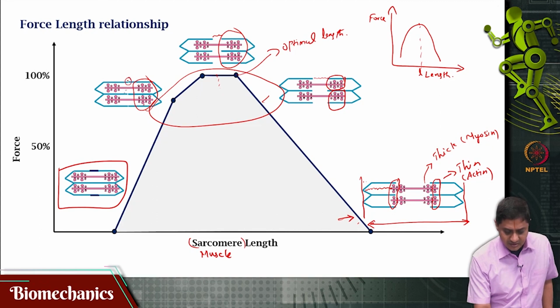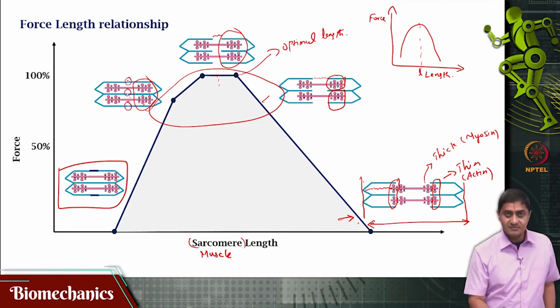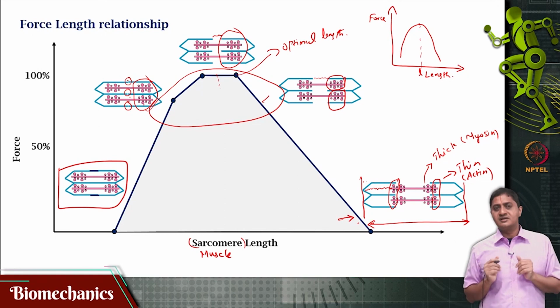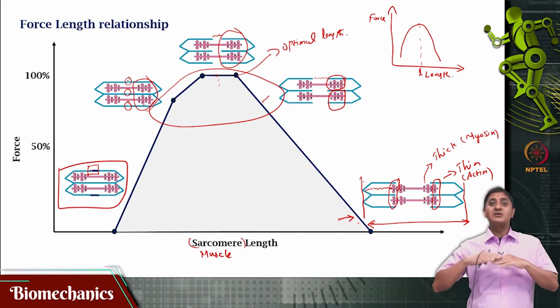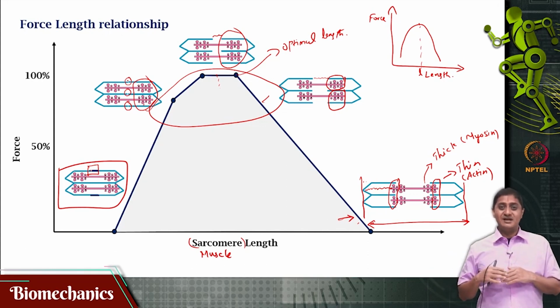At this point, the 2 actin filaments suspended on the 2 Z discs are almost touching each other. Actin filaments are overlapping with each other, so a large number of cross bridges cannot be formed.